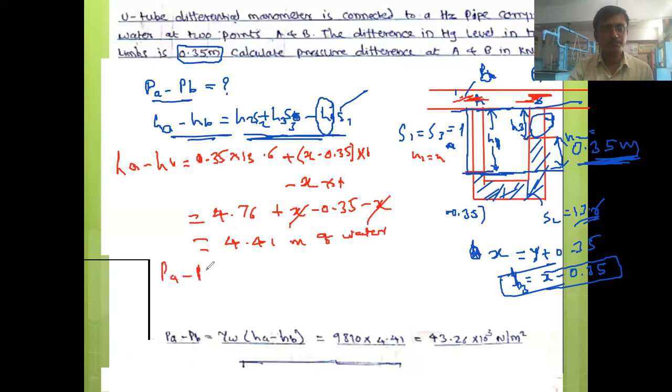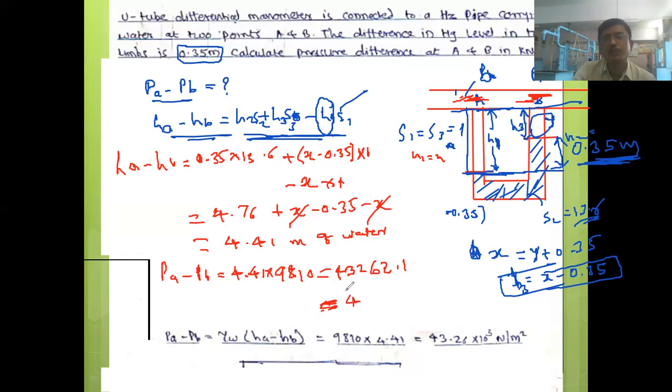So PA minus PB is equal to 4.41 multiplied by 9810, which is, tell me whether you are getting the same answer. 43262.1. So in kilonewton it will be 43. Did you get the same answer or different?